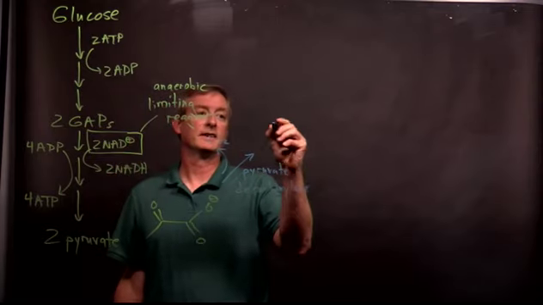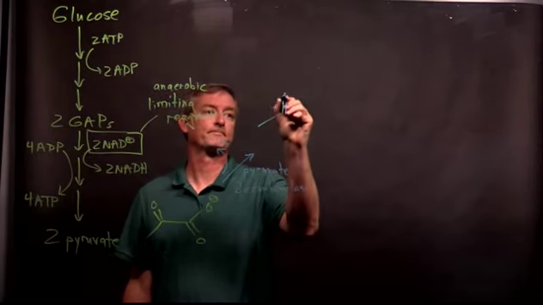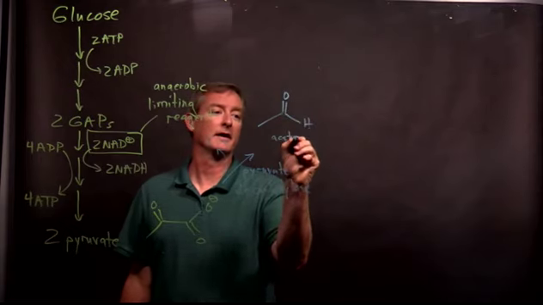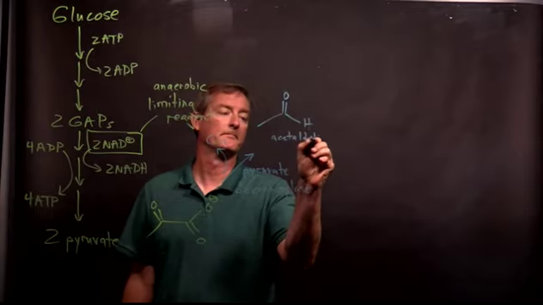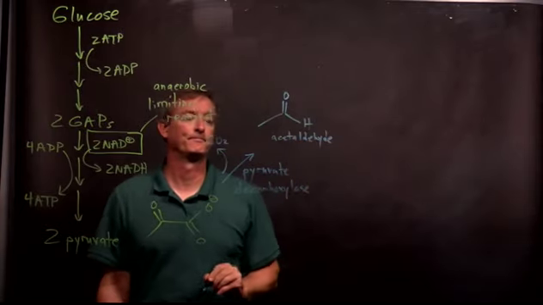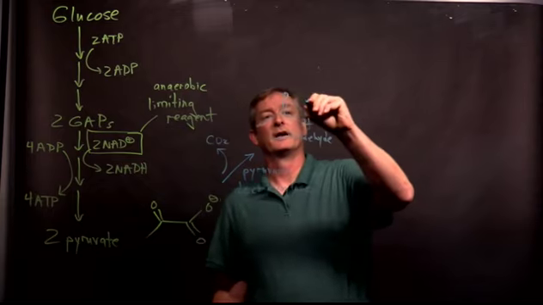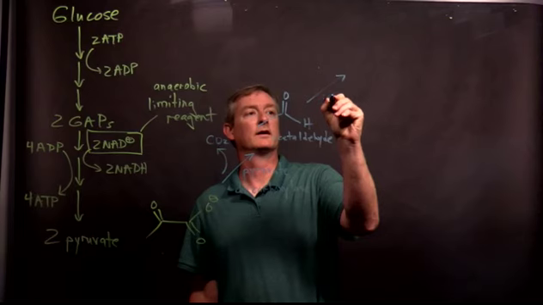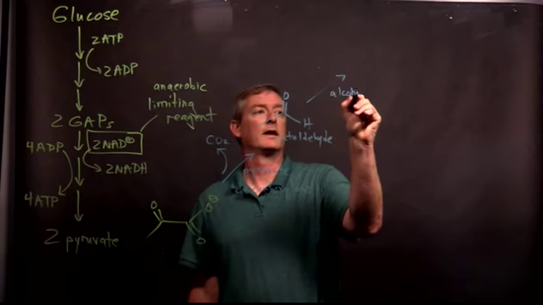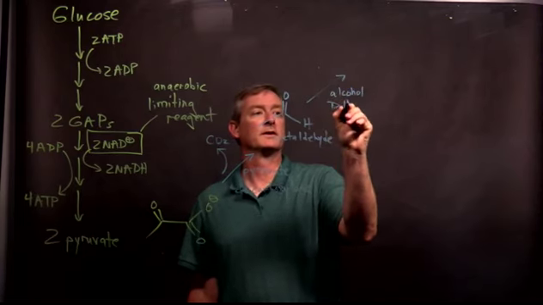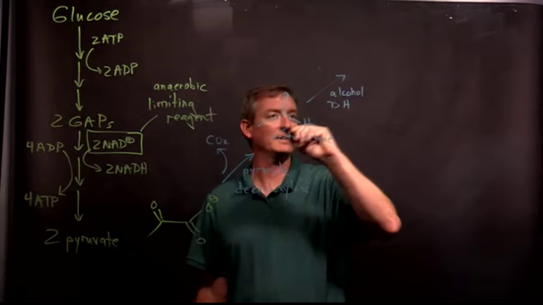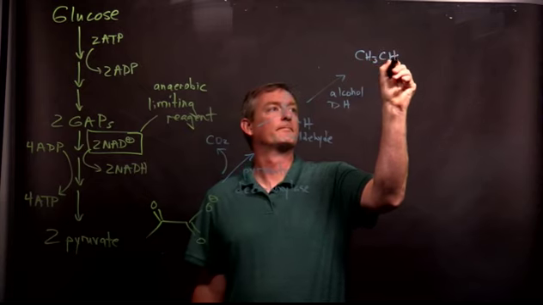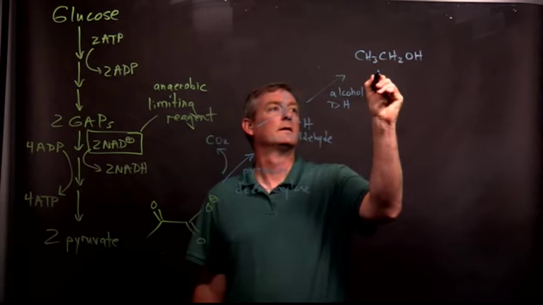It converts pyruvate to a molecule of acetaldehyde. Okay. This acetaldehyde is converted by the action of alcohol dehydrogenase. Remember I said I was going to call these dehydrogenases DH. It is converted into this molecule here, ethanol.